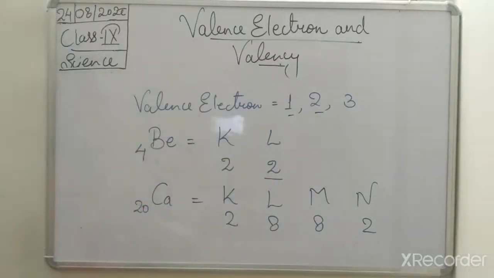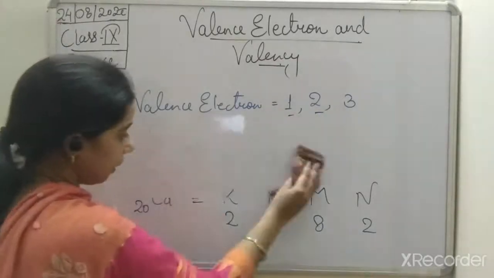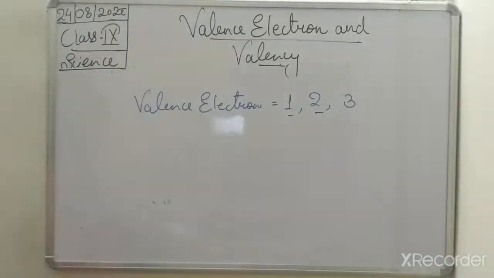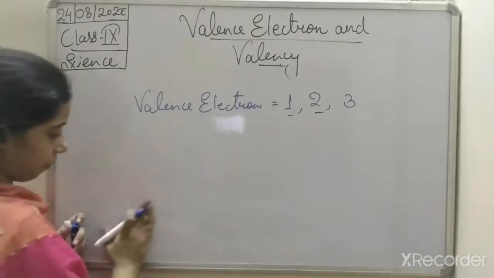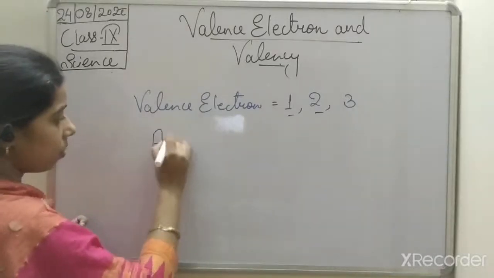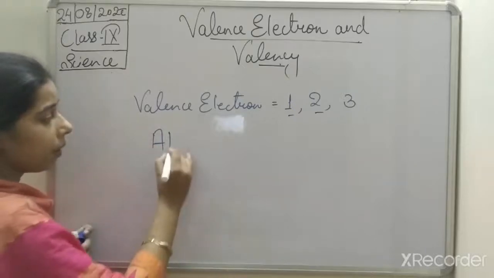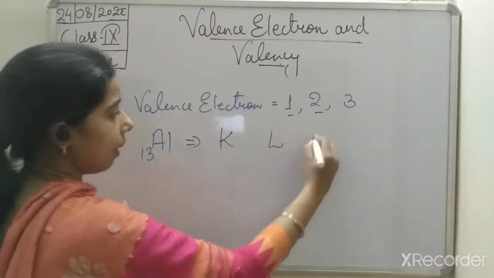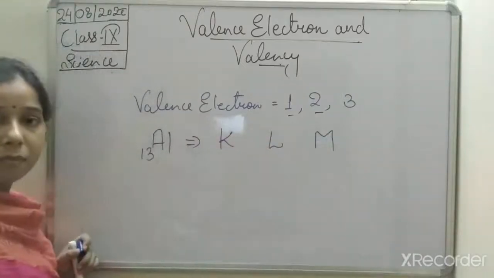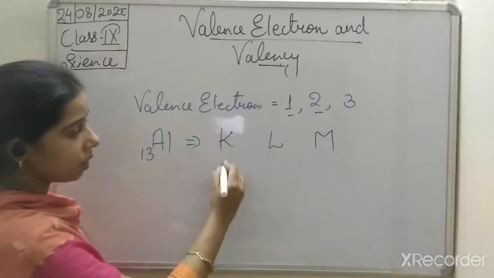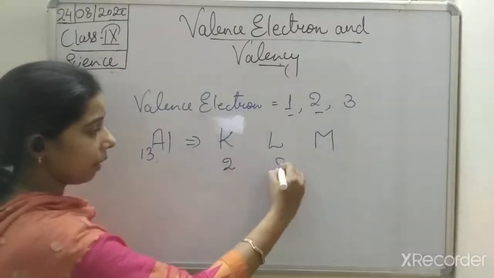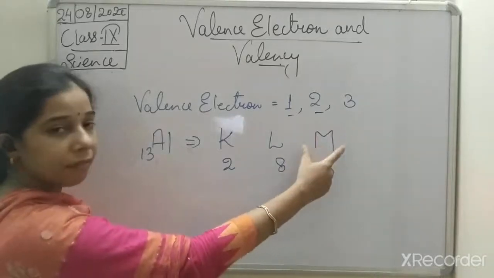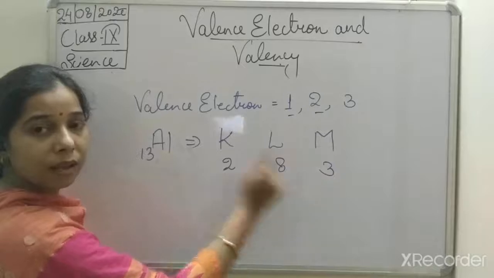Like that we can take an example of another element like aluminium. Aluminium has atomic number 13, so K, L and M. Here also it will be 2, 8 and 3. So in the outermost shell, the valence shell, 3 electrons are there, so the valence electron is 3.